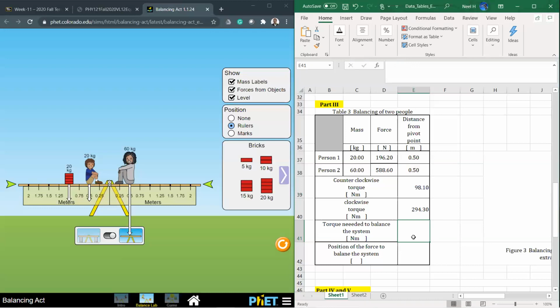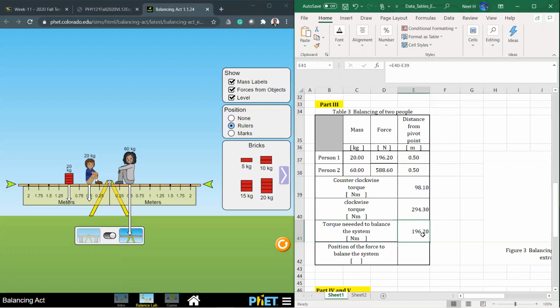And the torque needed to balance is the difference between them, right? 296 minus 98 is 196. So the torque needed to balance the object is 196. Now to figure out where it should be applied, I first have to figure out the mass needed for this.